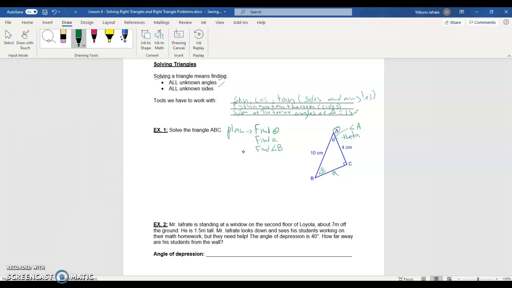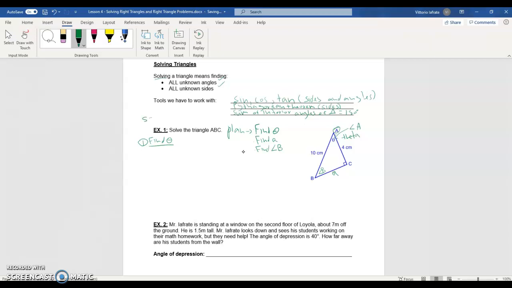So we can use a variety of different techniques. Let's use our trig ratios if we can to find the different angles. So I'm going to start with finding theta. So part 1, find theta. Let's look at how it relates to our sides.